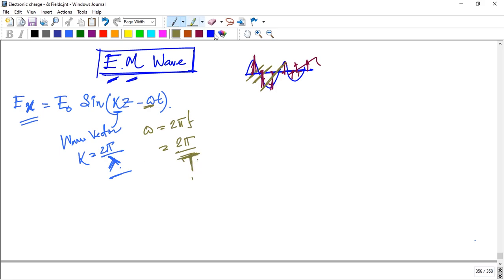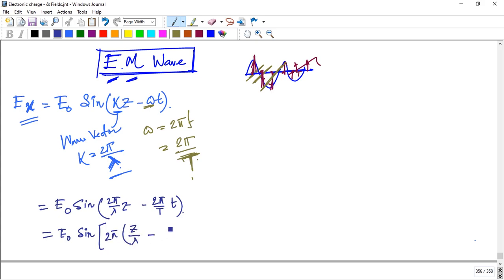Putting these together, we get E naught sine of 2 pi z by lambda minus 2 pi t by T, which is E naught sine 2 pi times z by lambda minus small t by capital T. The z direction is the propagation, and the charge vibrates in the x direction.